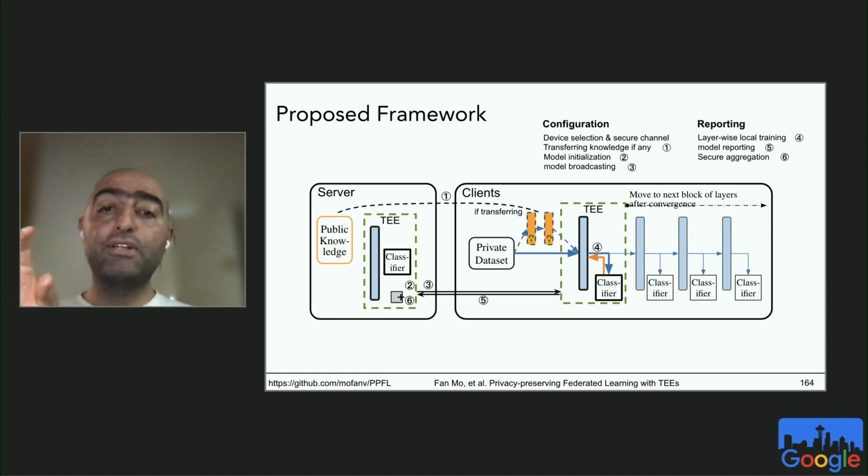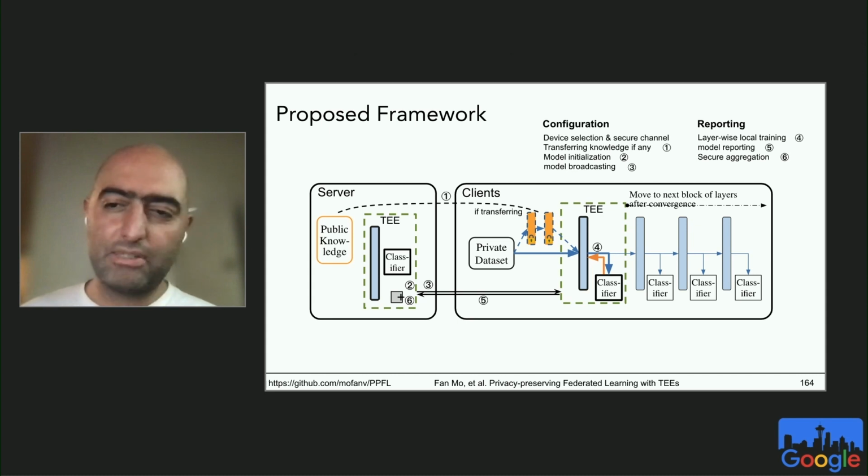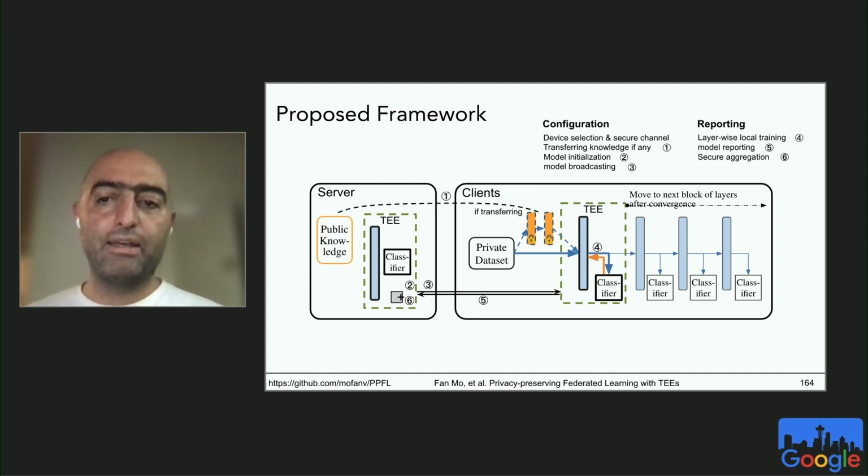Then the client, when it receives this model, trains either layer by layer or in blocks of layers, depending on what their TEE has available. In terms of, for example, TrustZone, you're talking about kilobytes of memory available in today's devices.